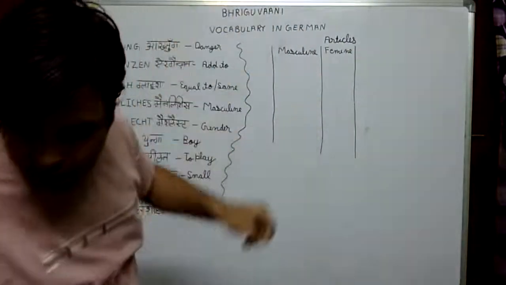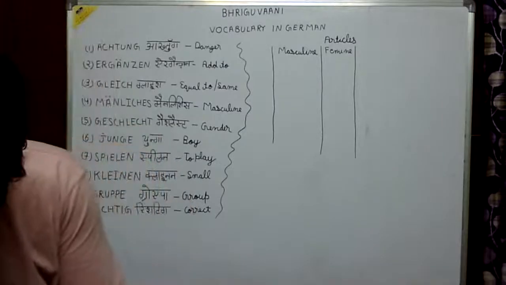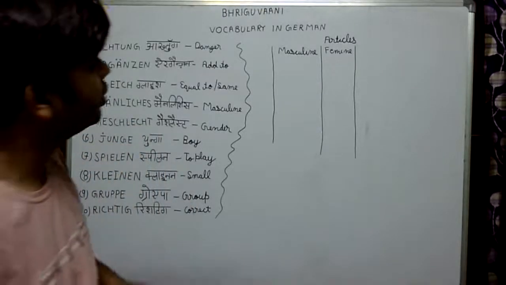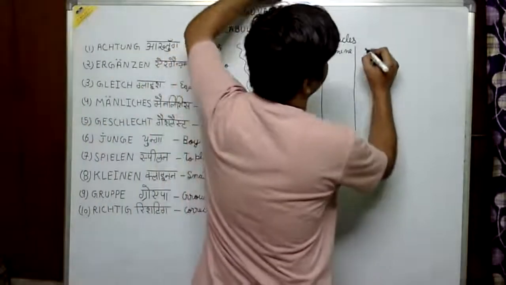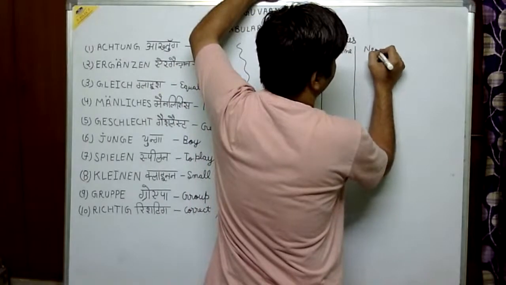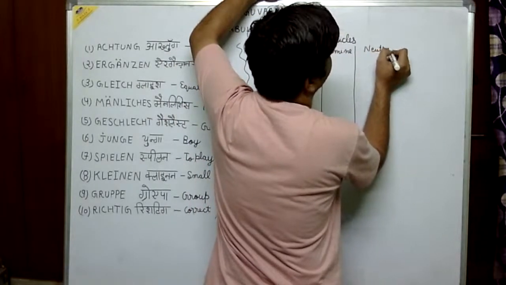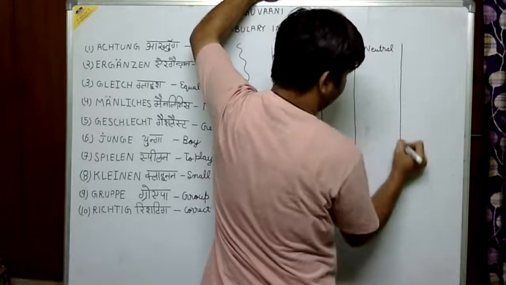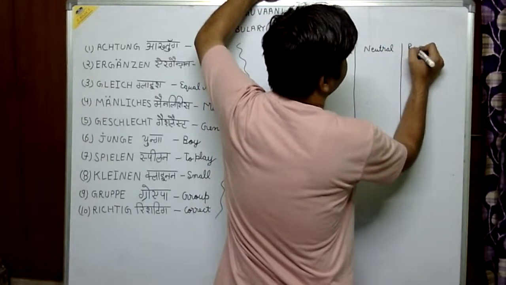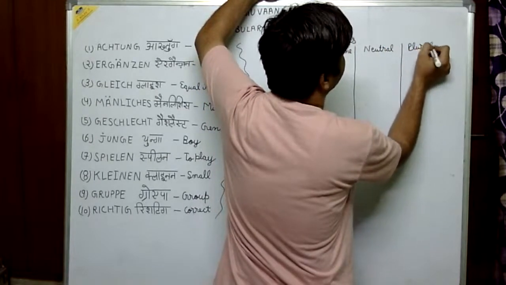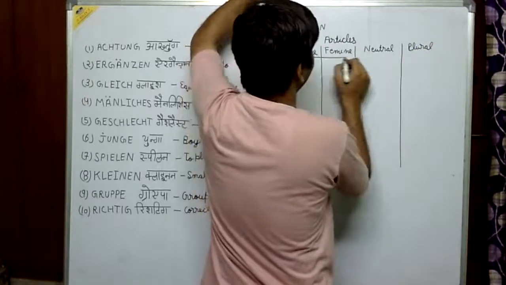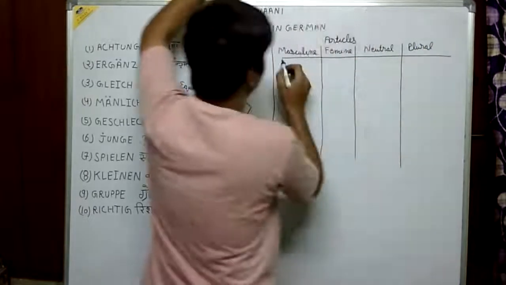Masculine, feminine, neutral, and then the last column is plural. Okay? Masculine, feminine, neutral, and plural.